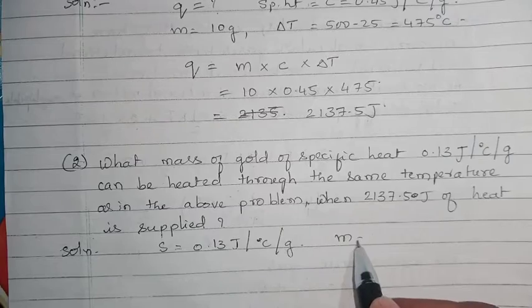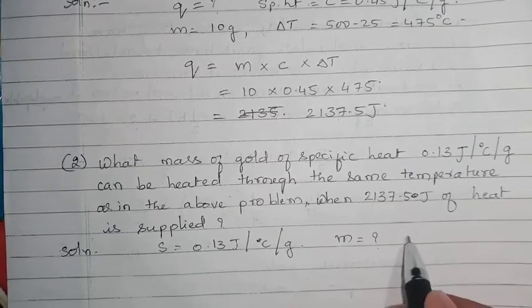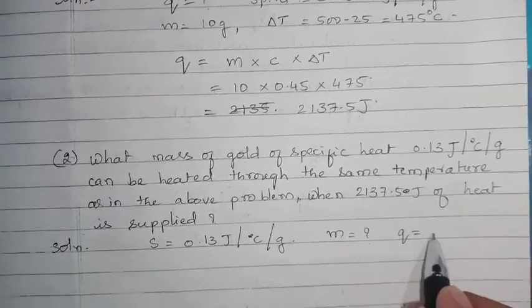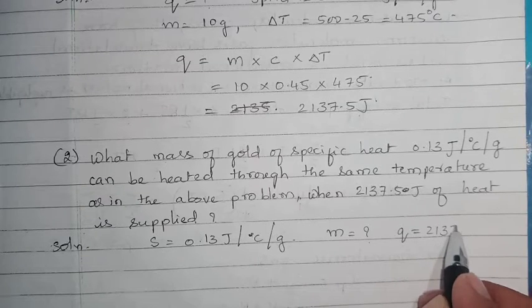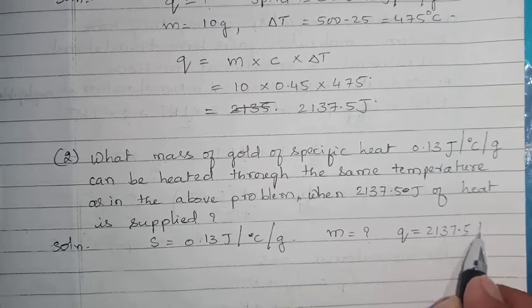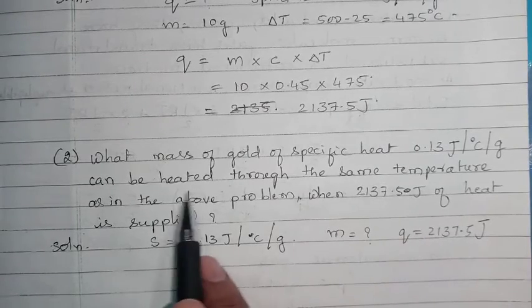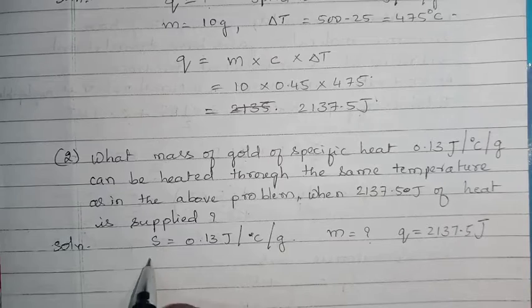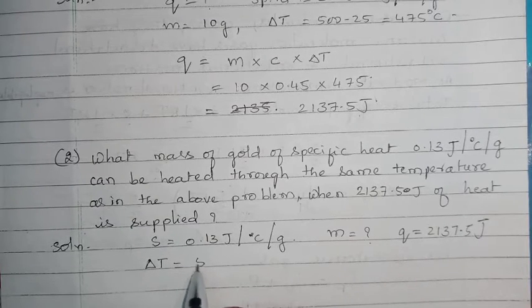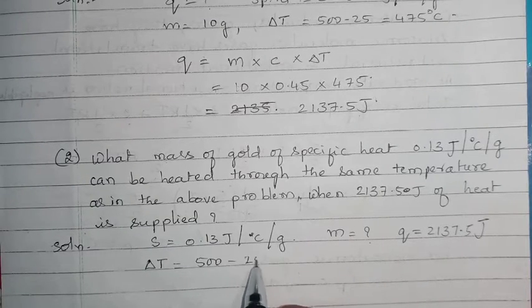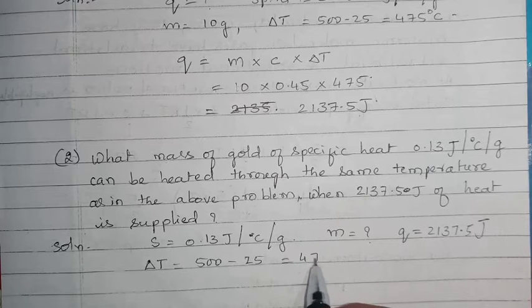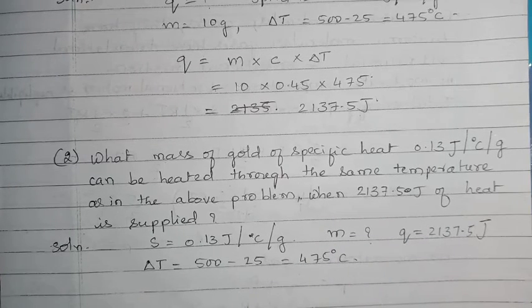Mass we have to calculate. The amount of heat energy is 2137.5 joules, and here the same temperature is given, that is delta T, 500 minus 25, which equals 475 degrees Celsius.